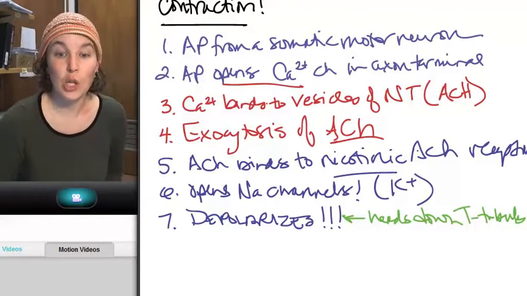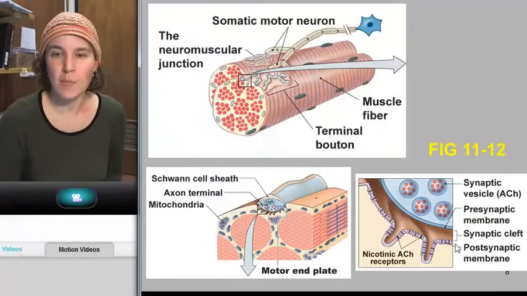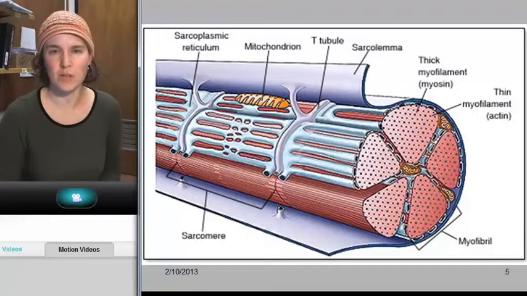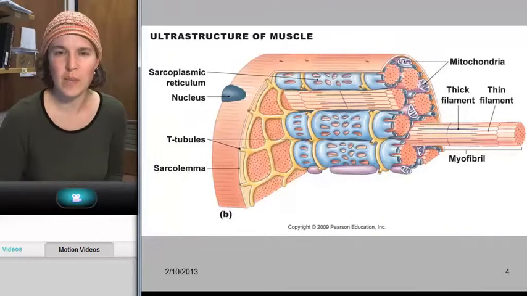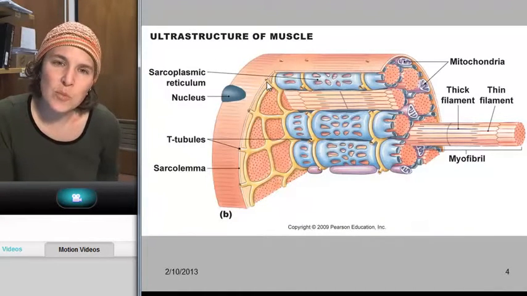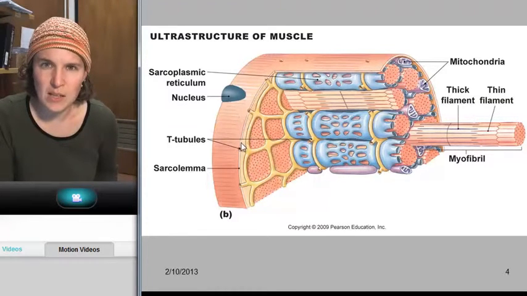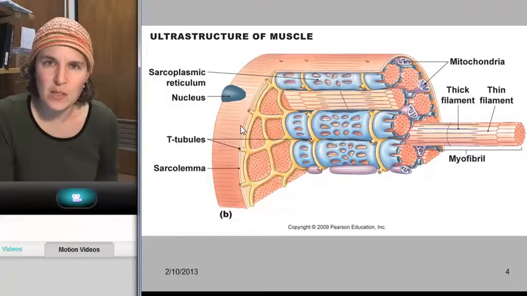Let's go back to the other one. Here were my T tubules. Let's just pretend that this is where my neuromuscular junction is.